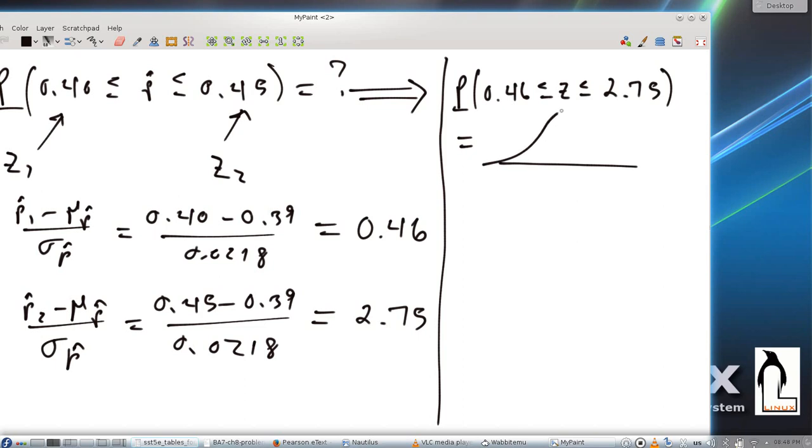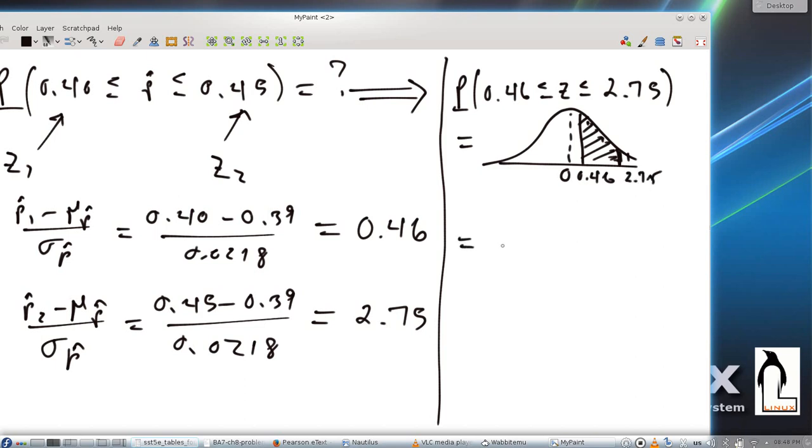I recommend that you do this to check your answer. So here we have 1, 2, 3, 2.75 somewhere around here, and then 0.46, which is about 0.5, somewhere around here. This is the region that we are computing. Remember, in the middle is 0, 0.46 is right here, and 2.75 is right here.